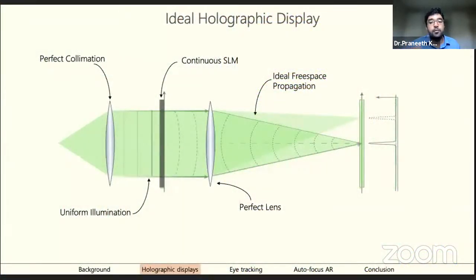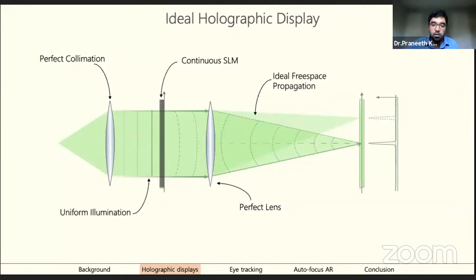So basically, the problem is, all the approaches that we use for computing a complex hologram implicitly make some simplifying assumptions of the display itself. Like, we have perfect collimation at a lens, or the wave propagation is ideal, the SLM phase modulation is continuous, and so on.